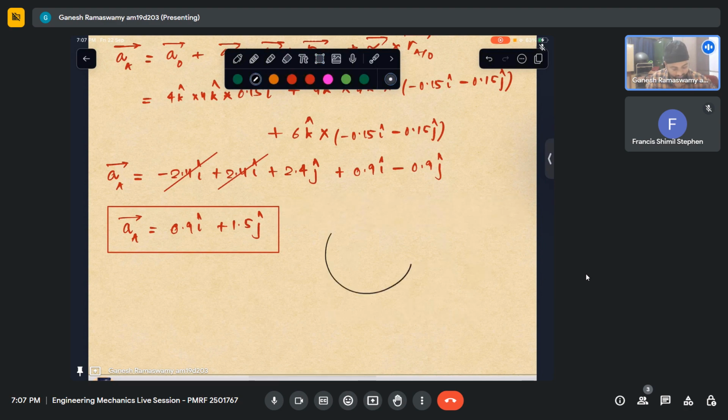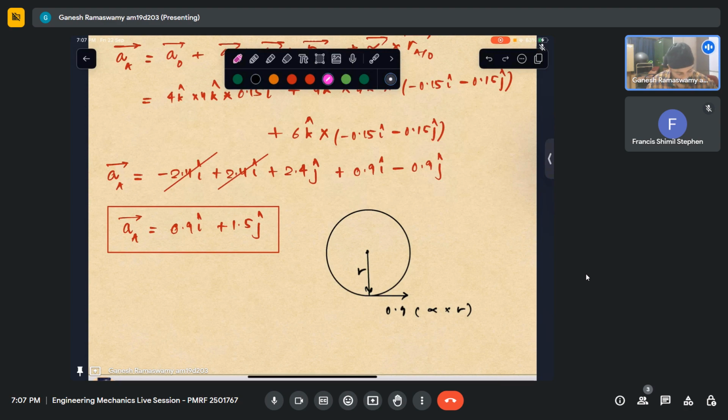Not a problem. So if I were to take it with respect to my center, let us say, then this acceleration would have been 6 into 0.15, which is coming out to be 0.9. This is nothing but alpha cross R, where this is R. And the other quantity would have been pointing like that.